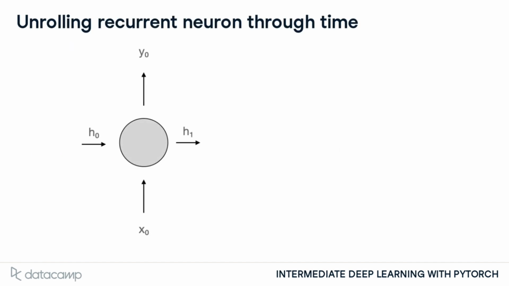We can represent the same neuron once per time step, a visualization known as unrolling a neuron through time. At a given time step, the neuron represented as a gray circle receives input data x0 and the previous hidden state h0, and produces output y0 and the hidden state h1. At the next time step, it takes the next value x1 as input and its last hidden state h1.